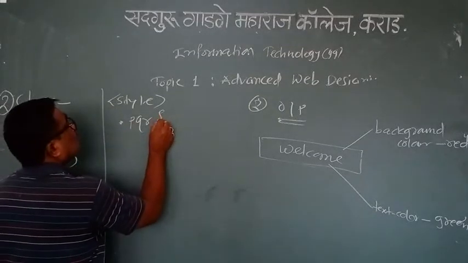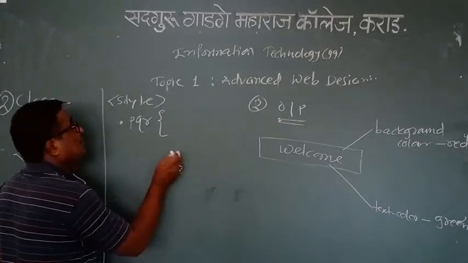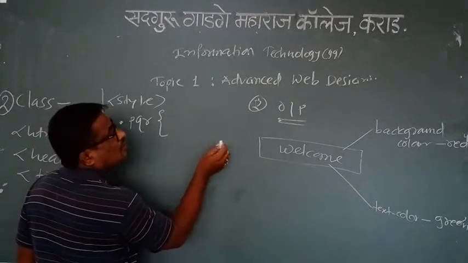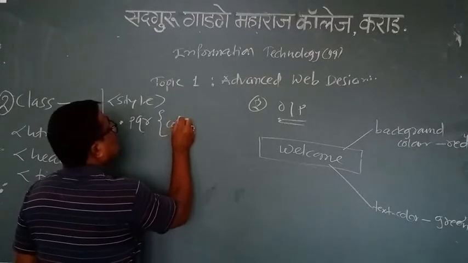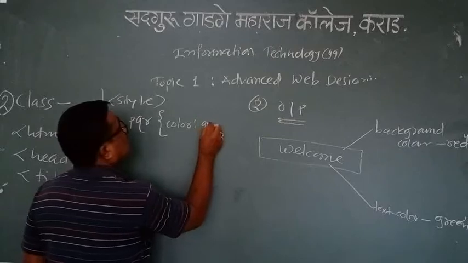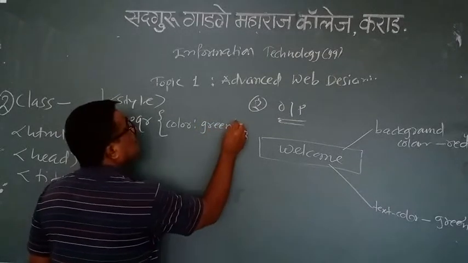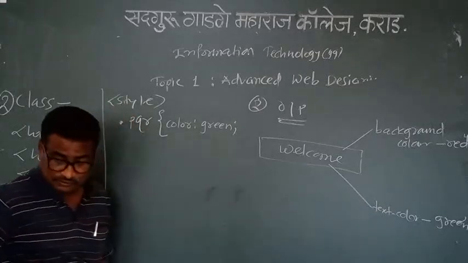Then curly bracket, properties and values, that is the text color, which is written here only as color green, separated by colon, end with semicolon.